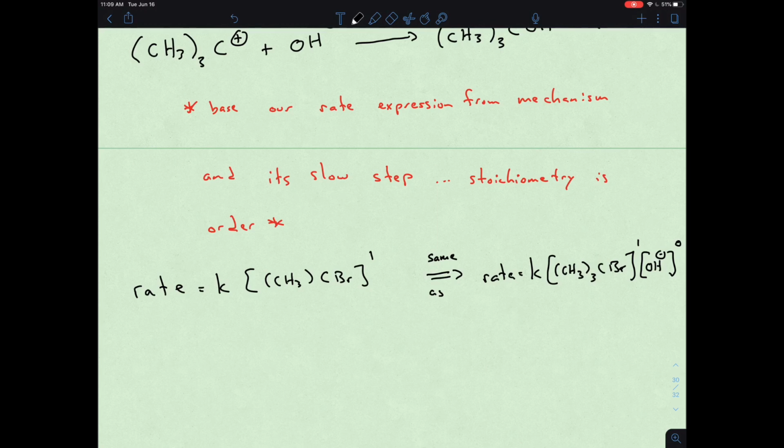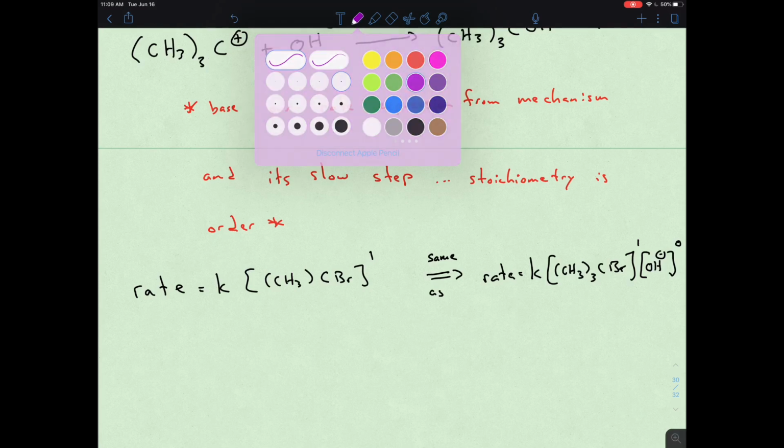So because of that, this mechanism supports the data.